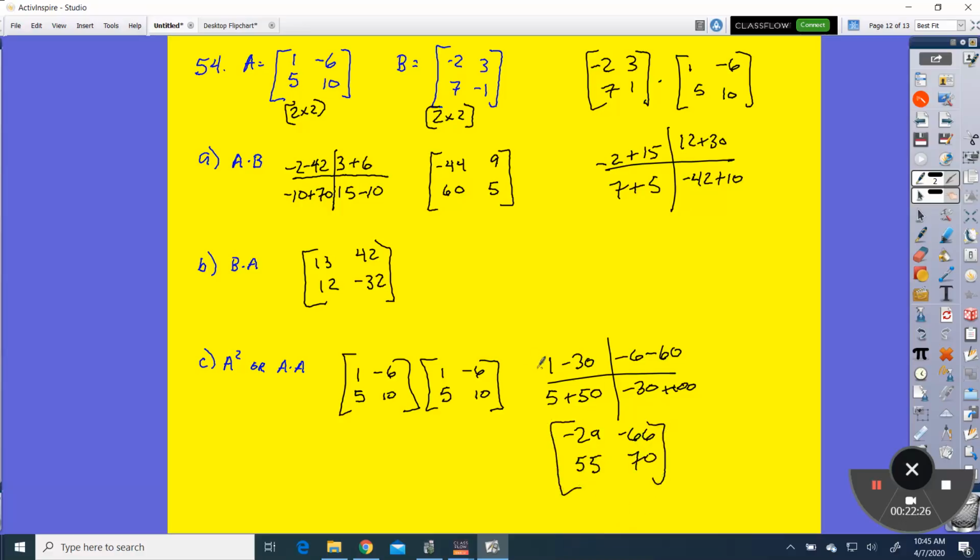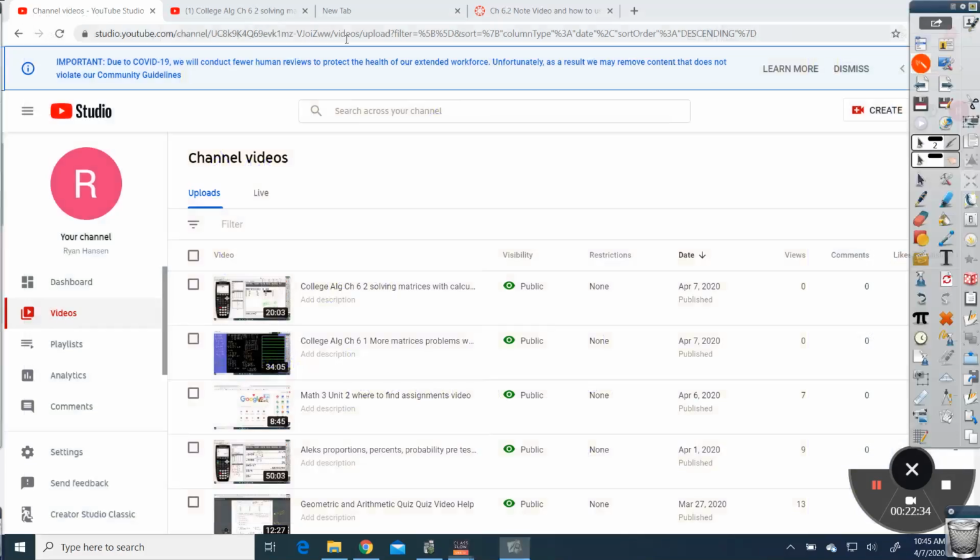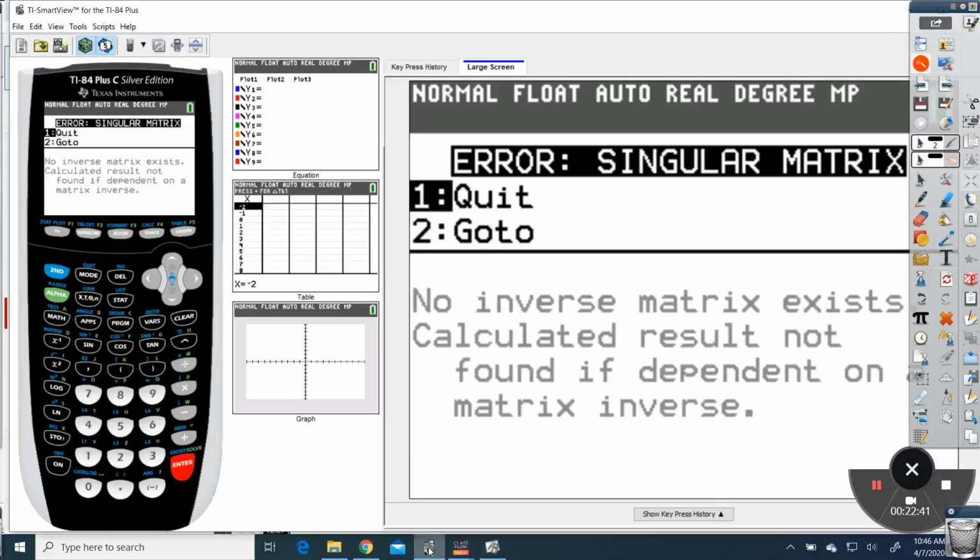Okay. So some of you have wondered how you would do this on your calculator. So I guess I'll show you. I'm going to write down the problems first so that I can remember what they are.